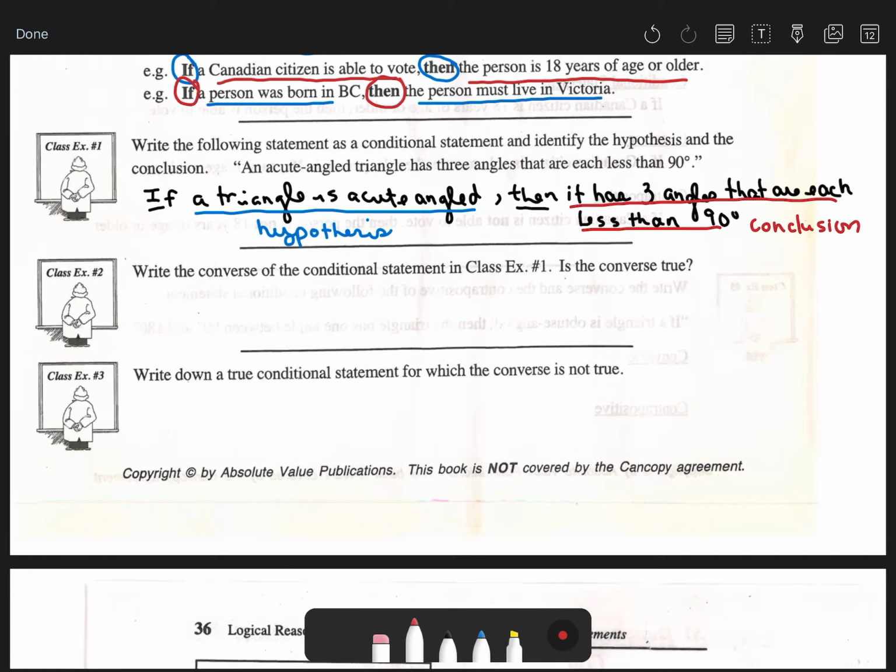It says to write the converse of the conditional statement. Is the converse true? If I'm going to write the converse, I'm again going to have if and then in my statement, but I switch the parts.